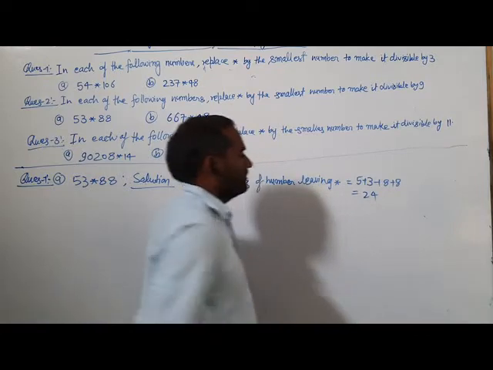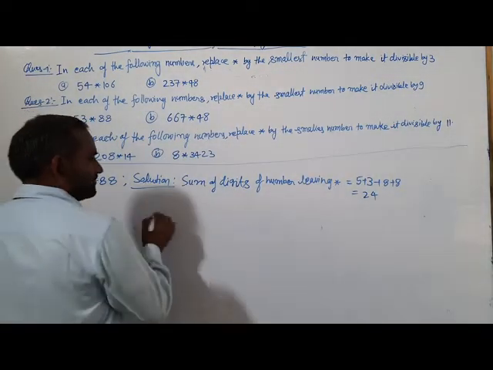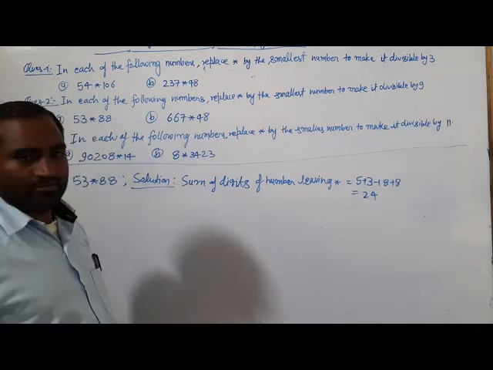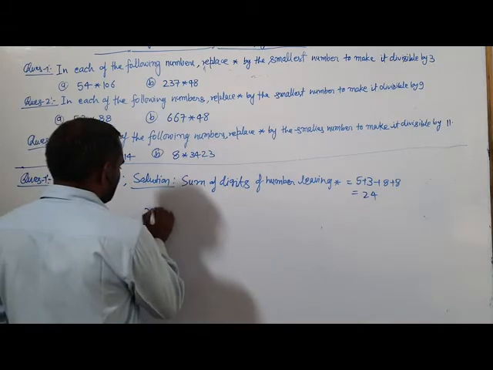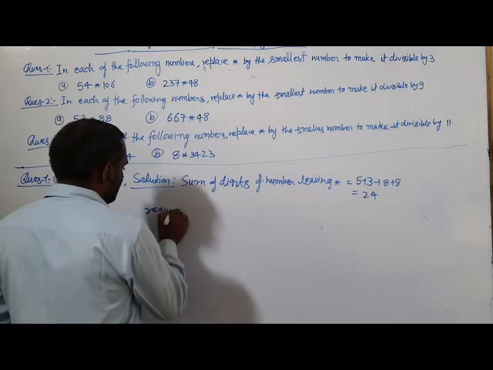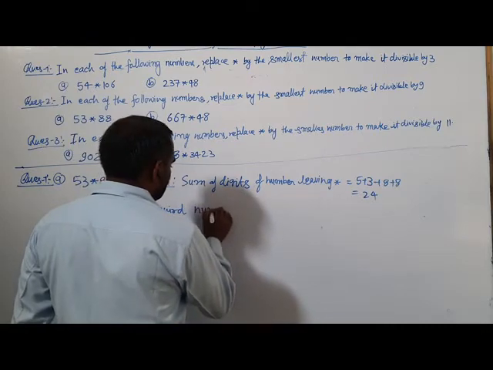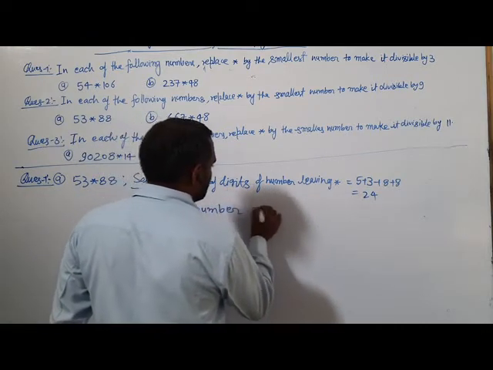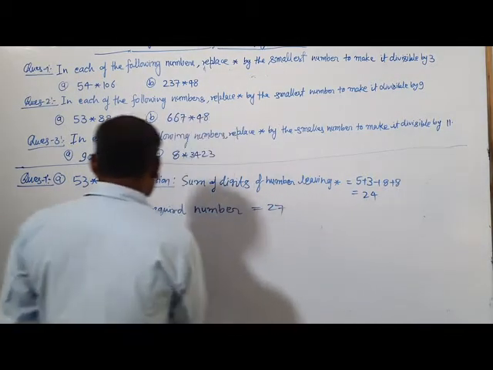The next number which is divisible by 9 is 27.